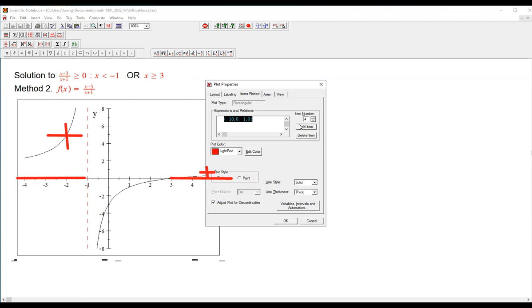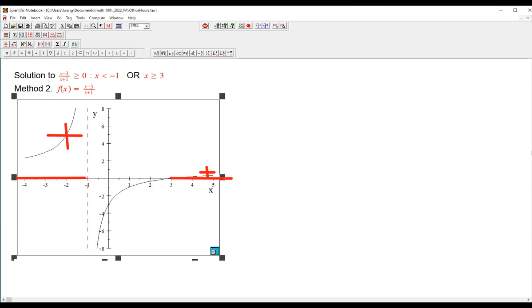And then the other piece is going to be +3. So these two pieces. But here I need to put a little circle. I need to put a little circle there. Okay, so I'm going to put a circle.